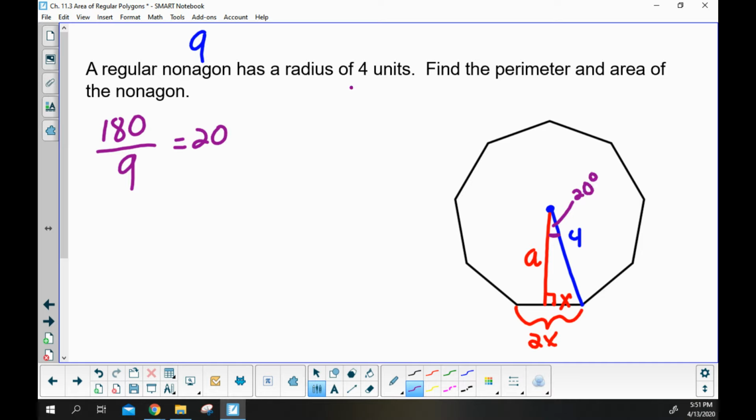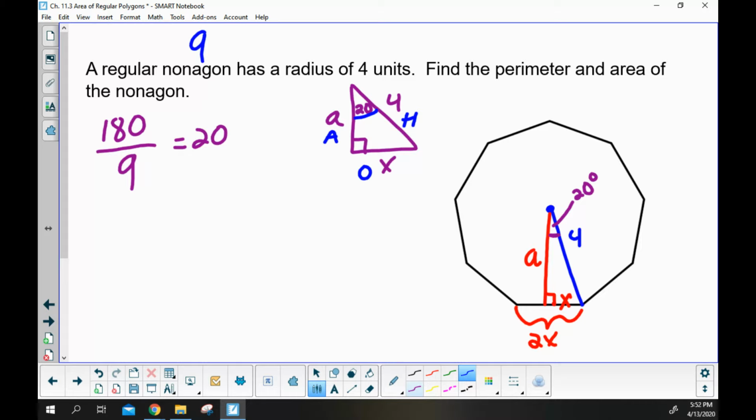So I'm going to redraw this right triangle just over here at the top and say I have a radius of 4, and I know my angle right here is 20 degrees. And I need to find A, and I need to find X. You guessed it, we got trig coming. All right? So let's start with the apothem. Now, if I do it based on my angle 20, I know my X here is opposite, I know my apothem is adjacent, and I know my hypotenuse is 4.